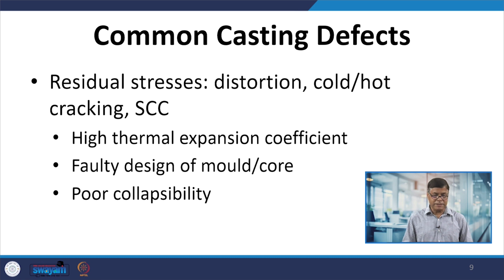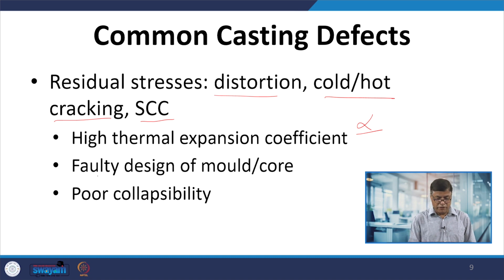The residual stress, as I have explained, due to the differential expansion and contraction experienced by the casting during cooling after solidification, leads to a change in shape of the casting in the form of distortion, hot or cold cracks, and stress corrosion cracking. This is promoted especially when the thermal expansion coefficient of the casting metal is very high, or by faulty design of the mold or the core, and poor collapsibility, as I have explained.